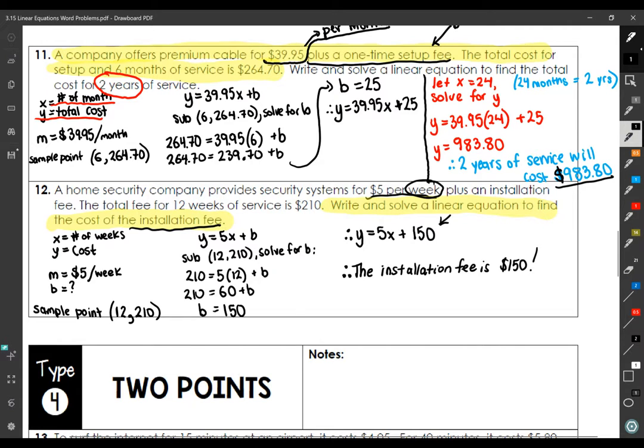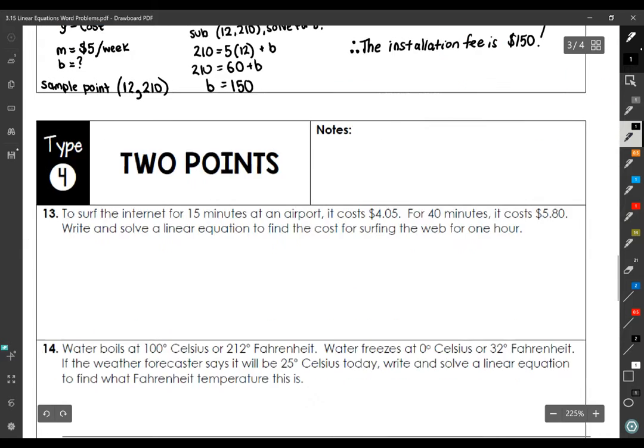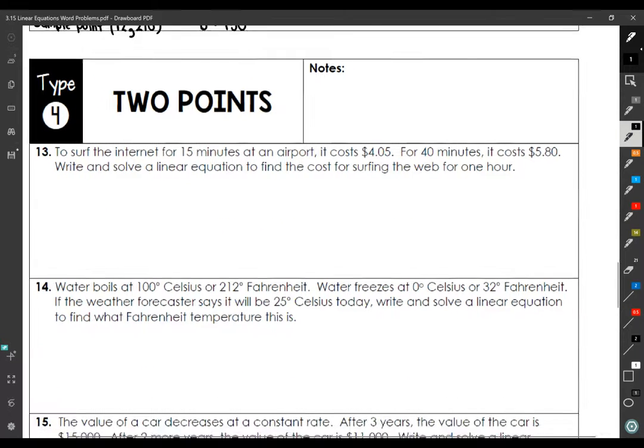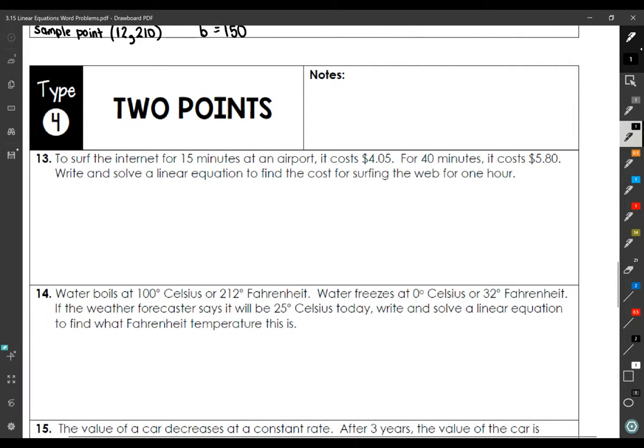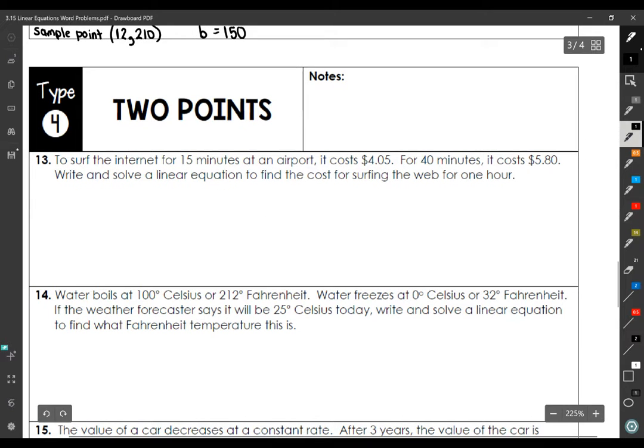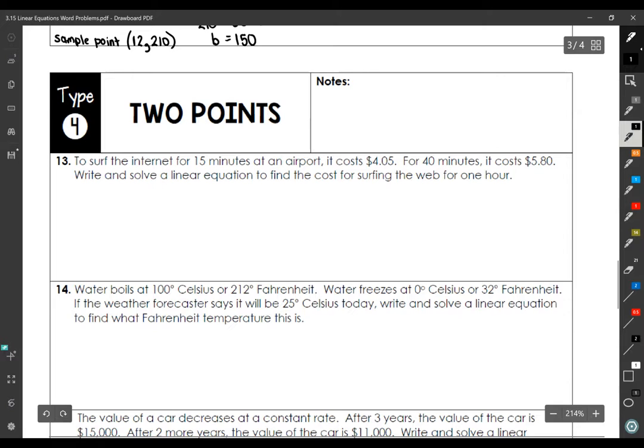Okay? All right, last type of problem solving. So in this type of problem, when you're reading the question, you would not be given slope. And in fact, you would only be given 2 sample points. Okay? 2 sample points.